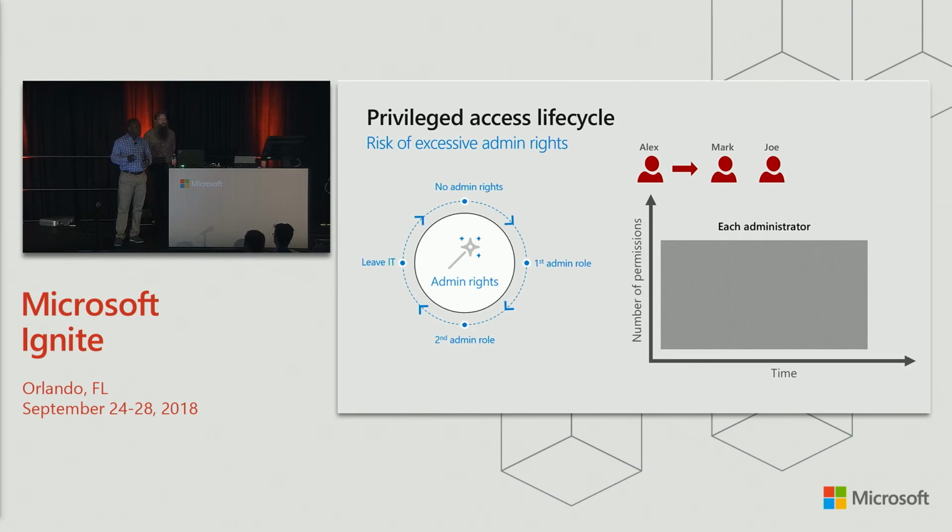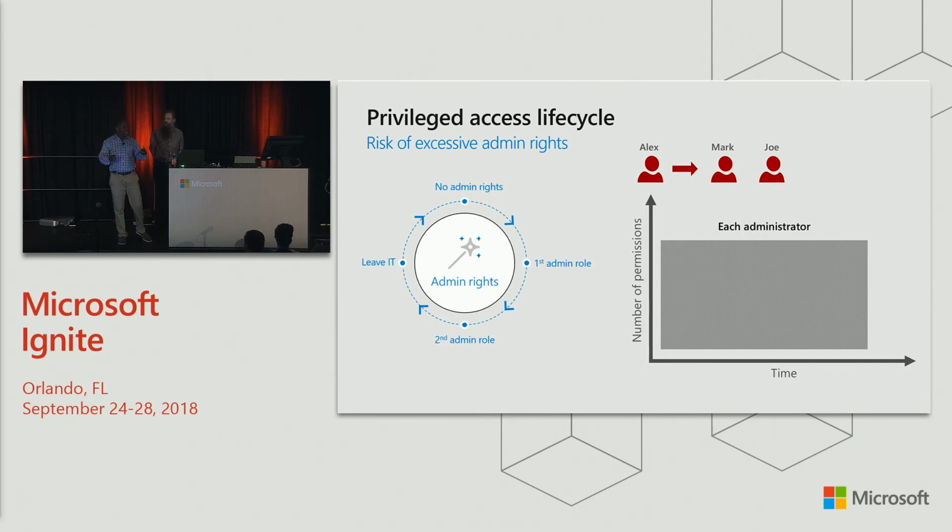Who can tell me what the risk of this user is if you look at the X and Y axis? You did some math. I remember a little bit of my math. The risk to the organization is really a function of the number of permissions times time. You could say that's the power that they have.